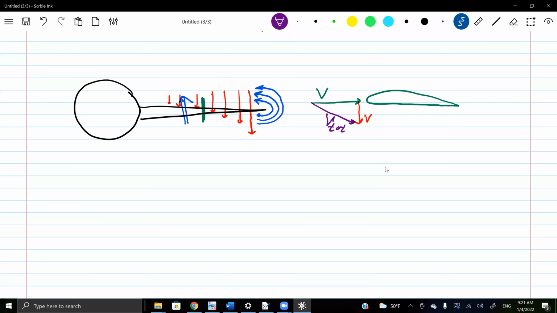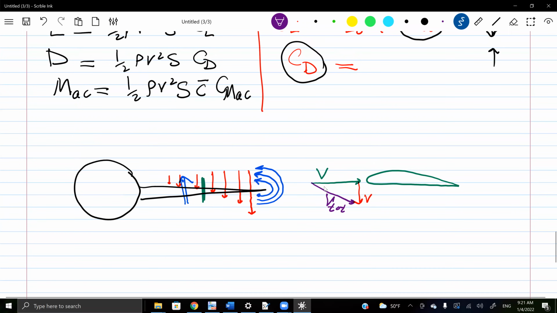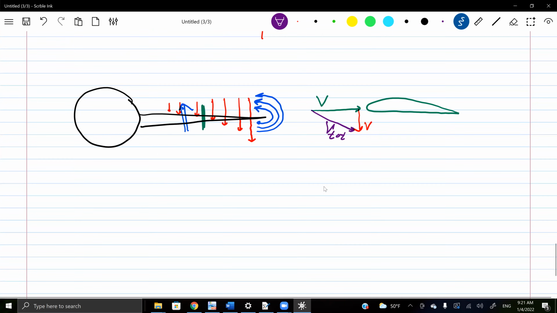So it's as if our wing operates at a smaller angle of attack than its two-dimensional analog. Indeed, in the theory, we say that the angle of attack is the geometric angle of attack that you set your wing by, minus the induced angle of attack.